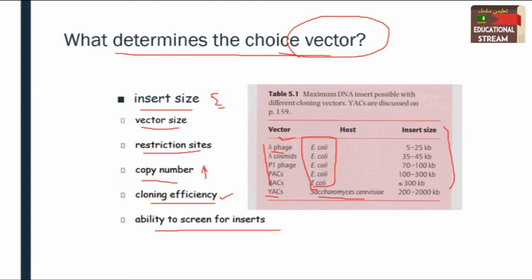For instance, as we have discussed, the ampicillin resistance gene or the neomycin resistance gene or the chloramphenicol resistance gene, or we can use double screening by using the LacZ prime gene, where we can insert a sequence in between.